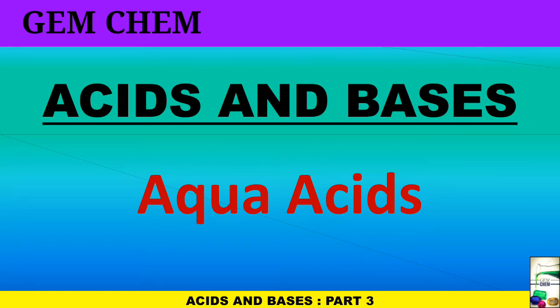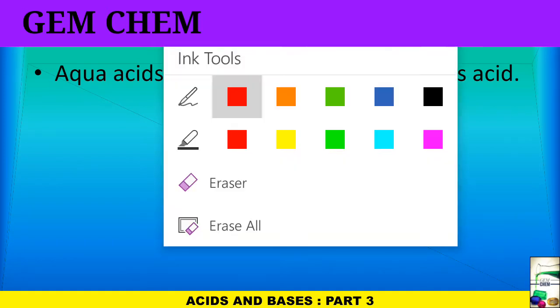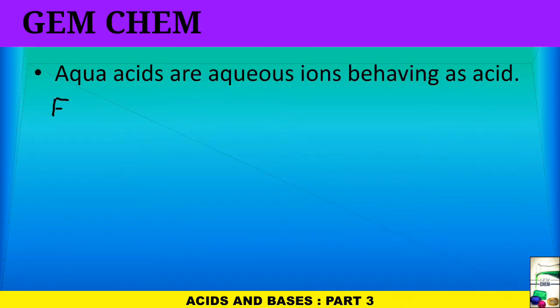Now what are aqua acids? These aqua acids are aqueous ions behaving as acids. Suppose we have an example like Fe with 6 water molecules as ligands, and it has a total charge of 3+.